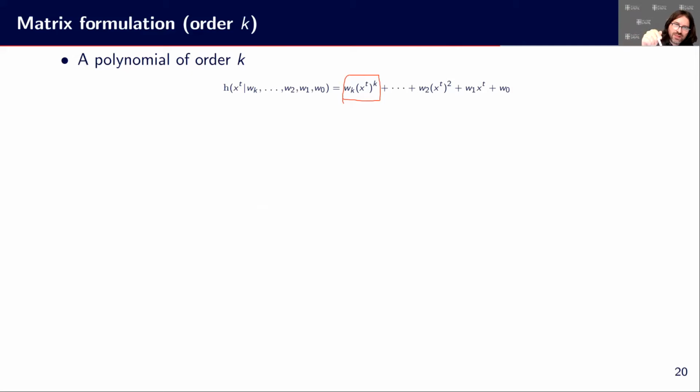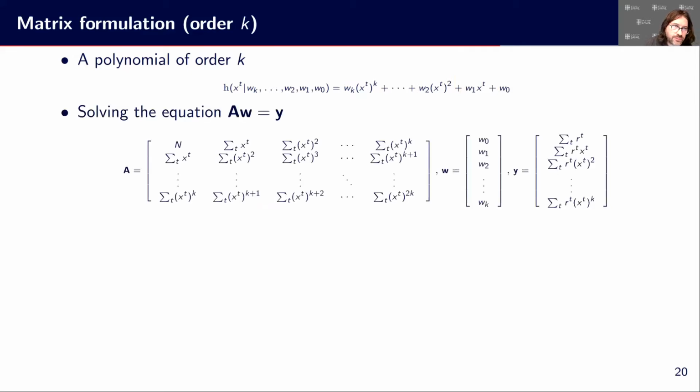So we say that we have xt power k here, with wk as the weight for that element of the polynomial. And then we have xt power 2 times w2, w1 xt, and w0. So these are the elements making up the polynomial of order k.